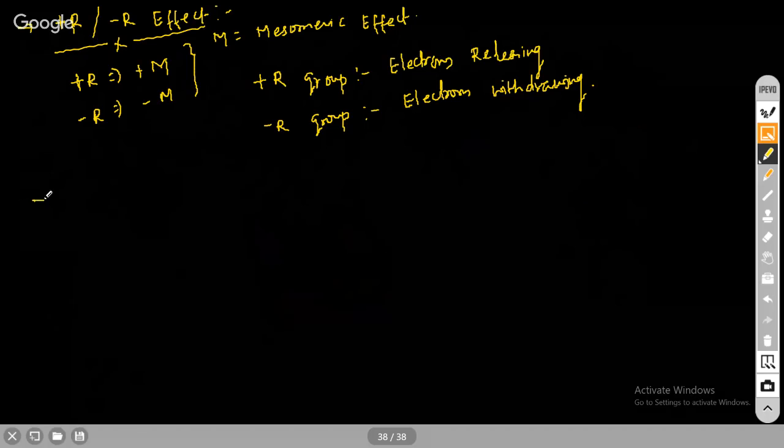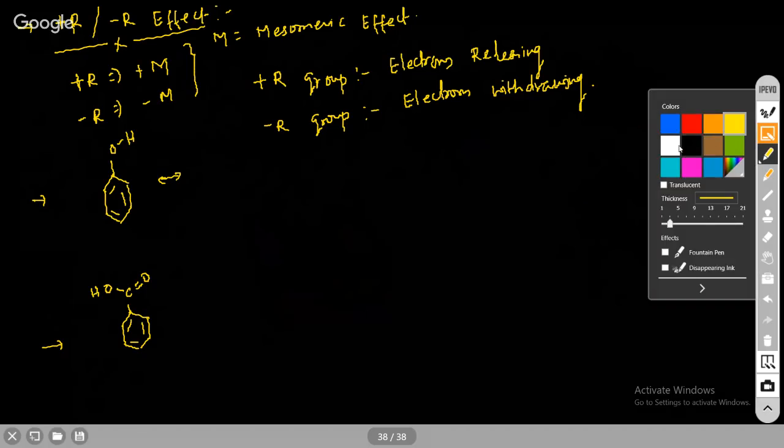Now if I write down two examples, how do you know that the group attached to the ring is electron withdrawing or electron releasing? Suppose we have this OH, and the second one, C double bond O and OH, right? So how do you understand whether the group attached to the ring is electron releasing or electron withdrawing?